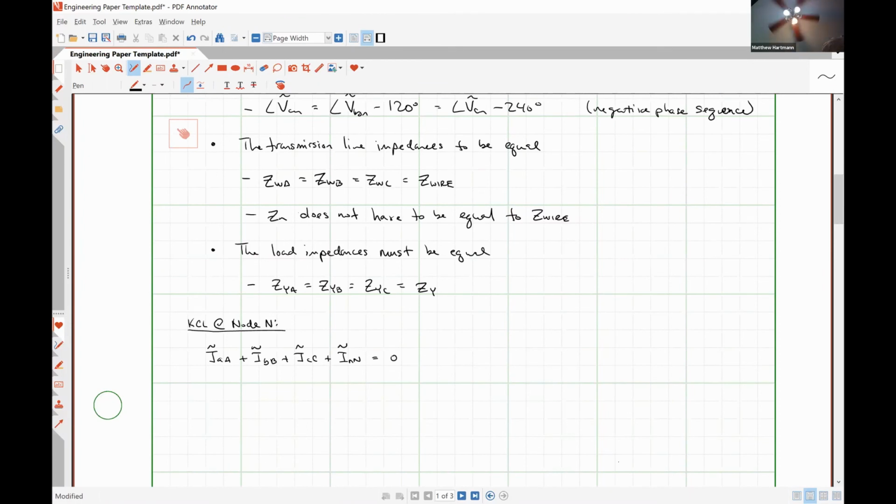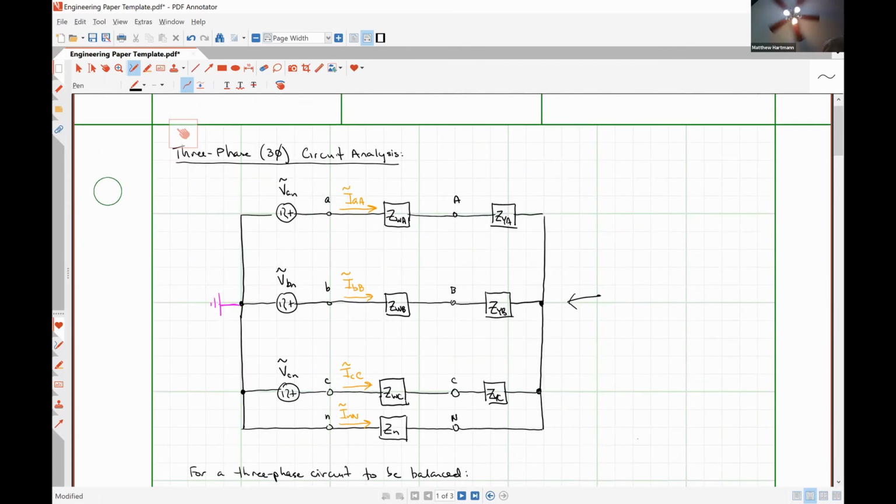So for instance, this current IAA, the current flowing through the impedance ZWA plus ZYA, would simply be this voltage drop V lowercase a, lowercase n, our phase voltage for the source over the A phase, minus the voltage at the node that I have the arrow drawing, which would be V capital N, lowercase n, divided by the total series impedance.